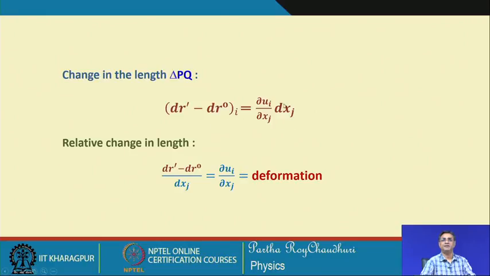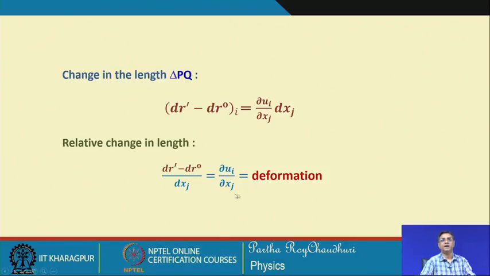So, this change has occurred over a length of d x j. If I divide this by d x j, it gives you the deformation, that is, d u i over d x j. So, the change in length per unit length will be del u i by del x j, which is the deformation.